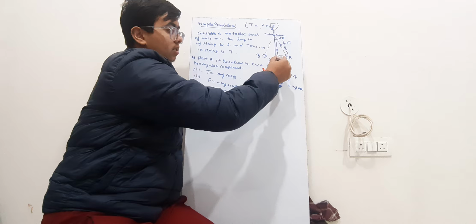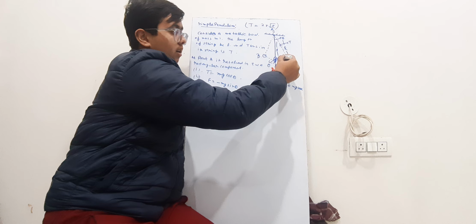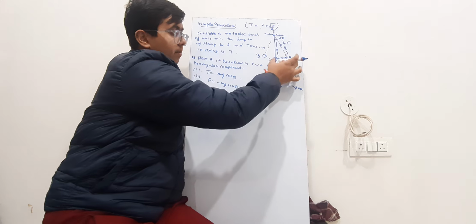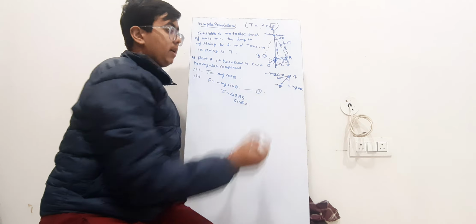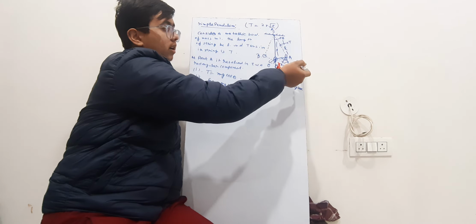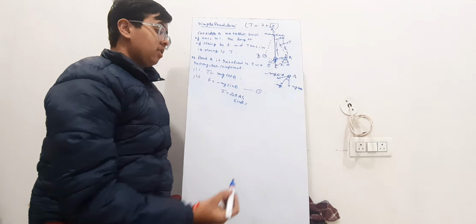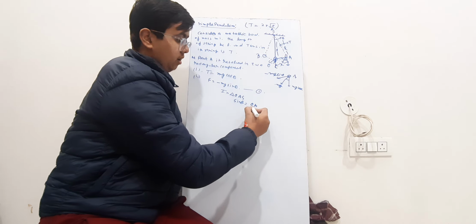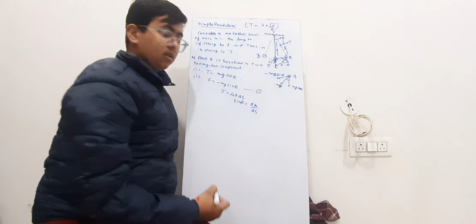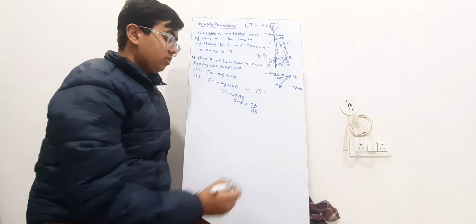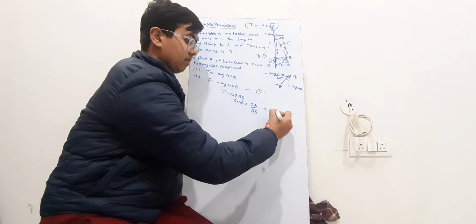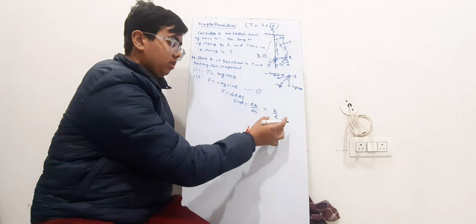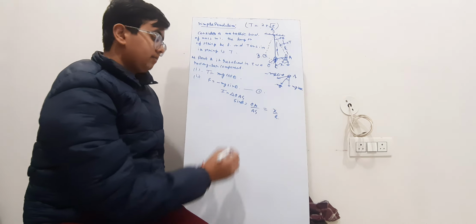Here this is a 90-degree angle, x is the perpendicular and AS is the hypotenuse. So we can write OA upon AS, perpendicular upon hypotenuse, which is equal to x by L. Now put x upon L.